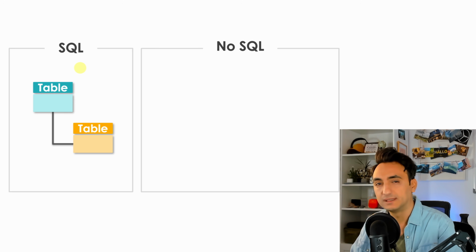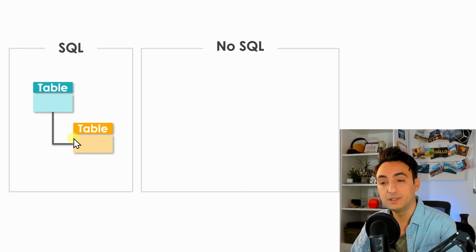Tables are like containers with a fixed structure, and usually they are related to each other using relationships. That's why we have the name relational databases.